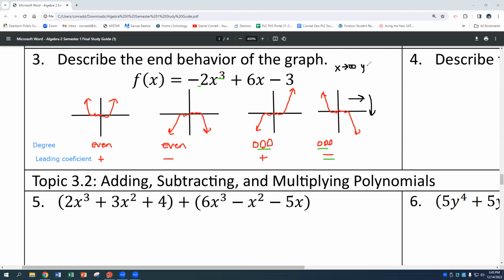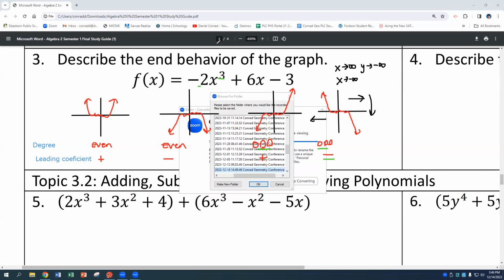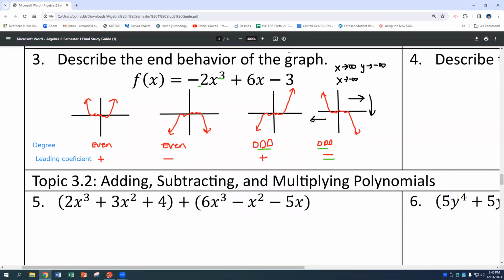So as we go to the right, y is going to -infinity. Okay, as we go left, so as x goes to -infinity, y is going up to +infinity.